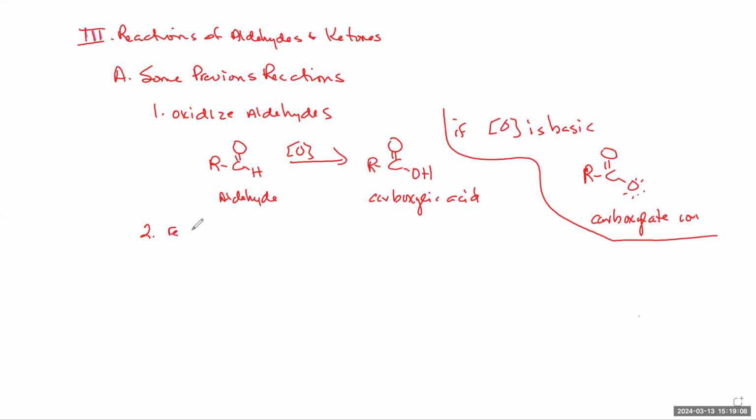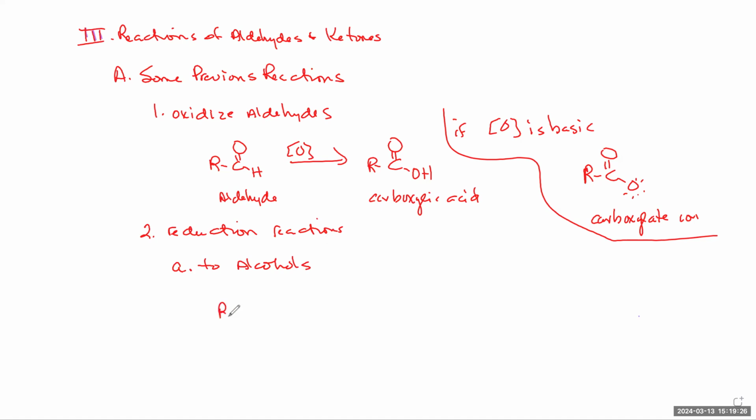Next is there are some reduction reactions. You can reduce to different things. So the first thing is you can reduce to alcohols. And again, we've done these in reverse several times, right?